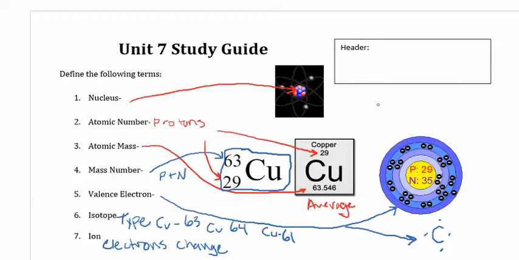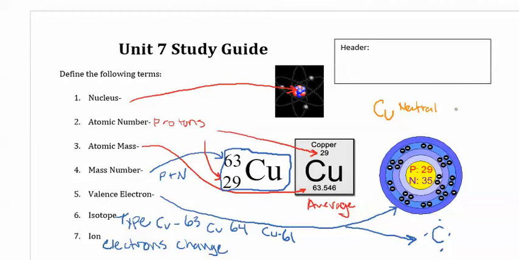But if we were to say copper like this, copper with no number right here, what we're talking about is copper that is neutral. Neutral copper just means that it has 29 protons, so that must mean it also has 29 electrons. They balance each other out.